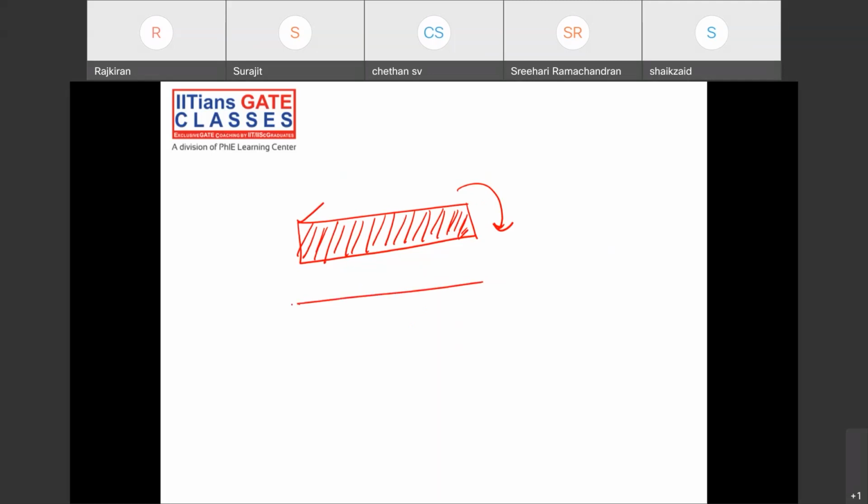So suppose I take a second tube. It is a little bit vacant, otherwise it is filled. Now if you tilt it, what will happen? This vacant space will come like this, and this water will come like this.